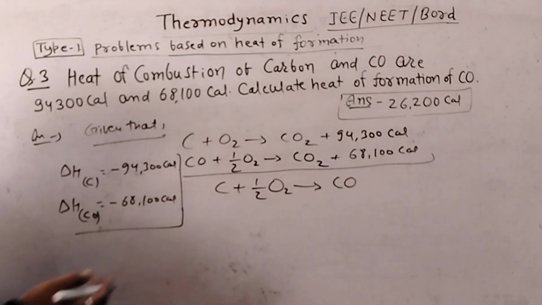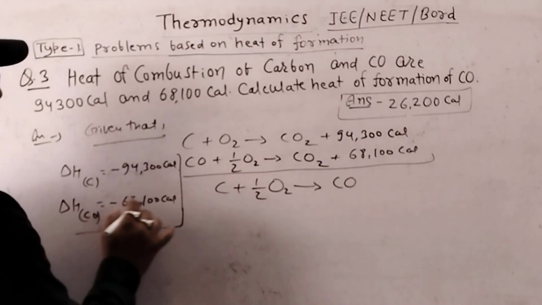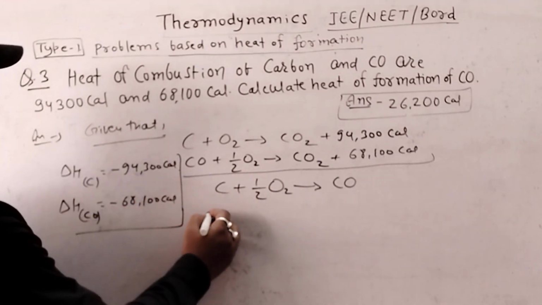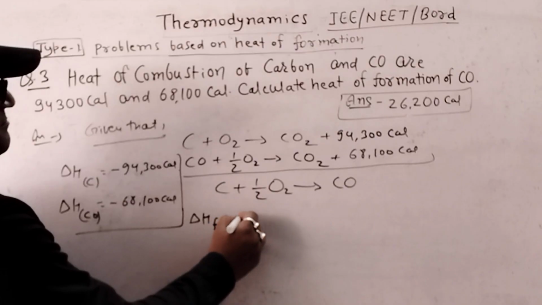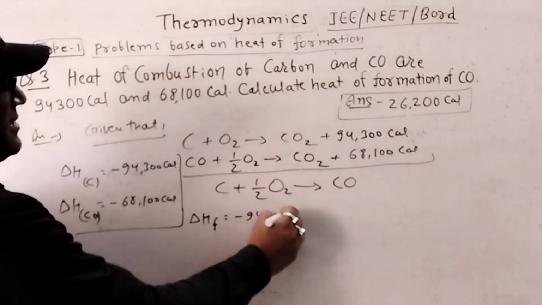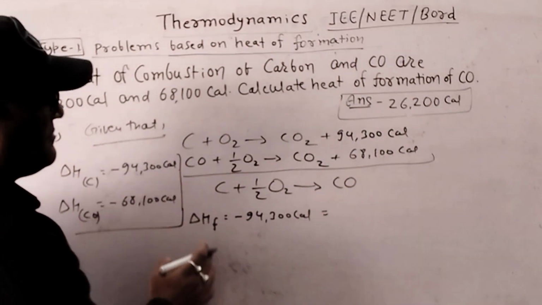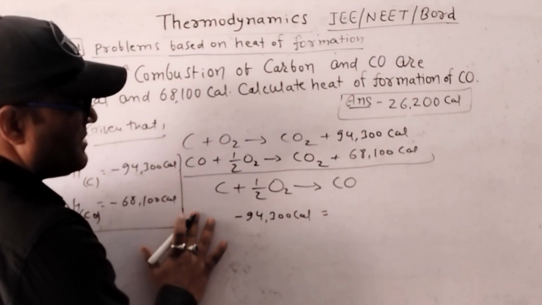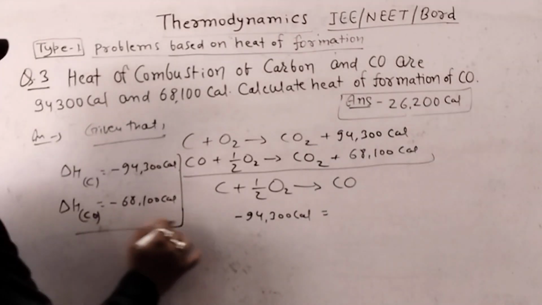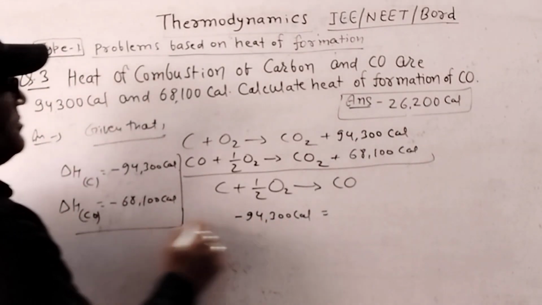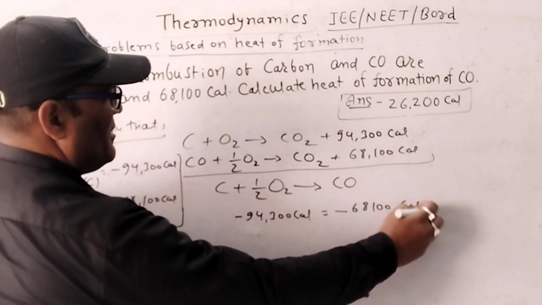So we can solve with the help of these equations. The combustion of carbon is minus 94,300 calorie, and in the RHS we can write, replacing delta HF for some time, delta H for CO minus 68,100 calorie.